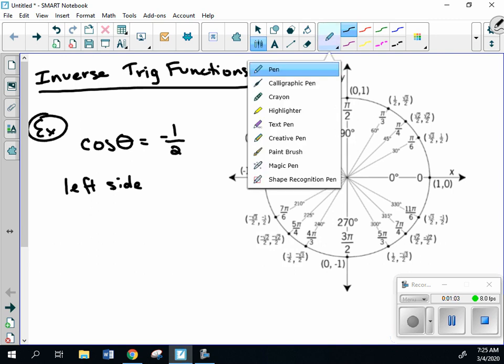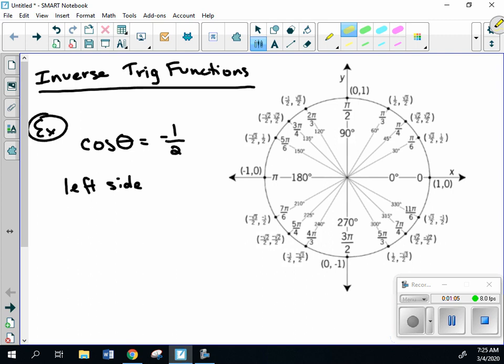So I'm just going to go through and look for where I have a -1/2. I have a -1/2 on the left side here, as well as here. Since I found those locations, I then need to go and find the radian measure or the degree measure, depending on what they're asking for.